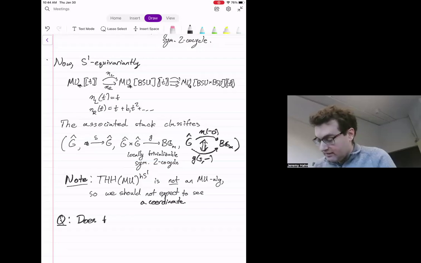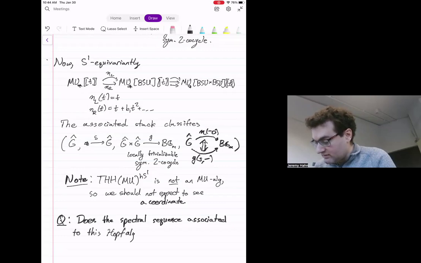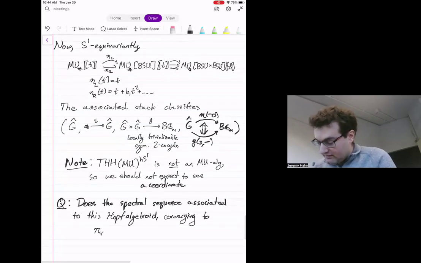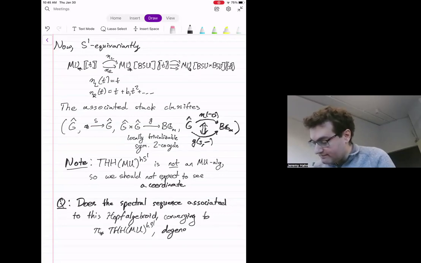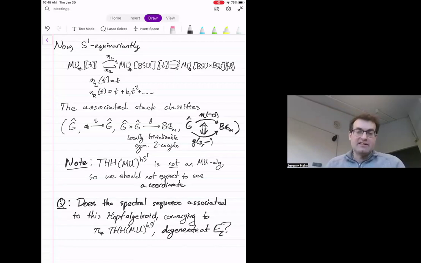Does the spectral sequence associated to this Hopf algebroid converging to pi star of THH of MU hS1 degenerate at the E2 page? In principle, computing this E2 page is now an algebraic problem. I will stop there. Thanks.